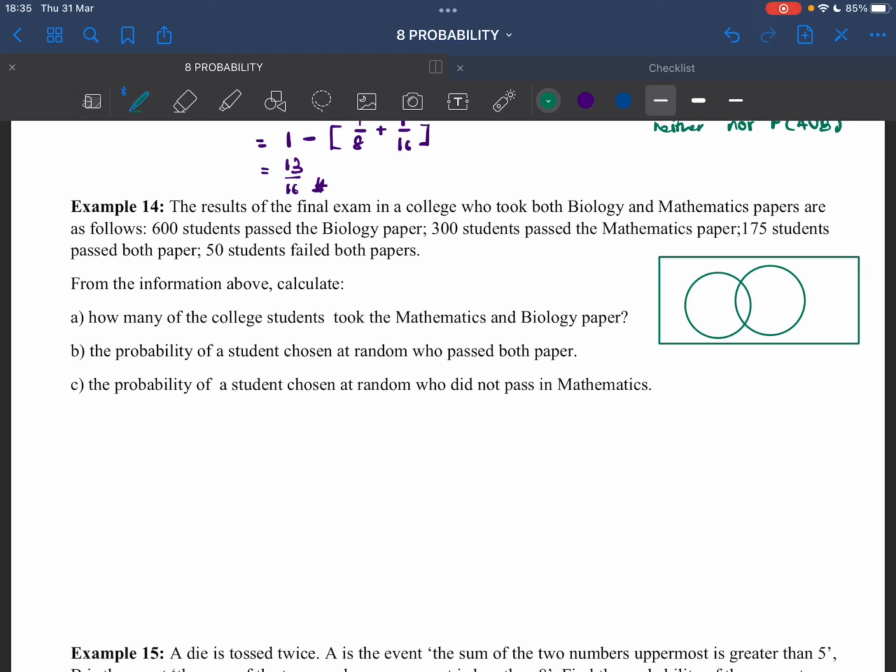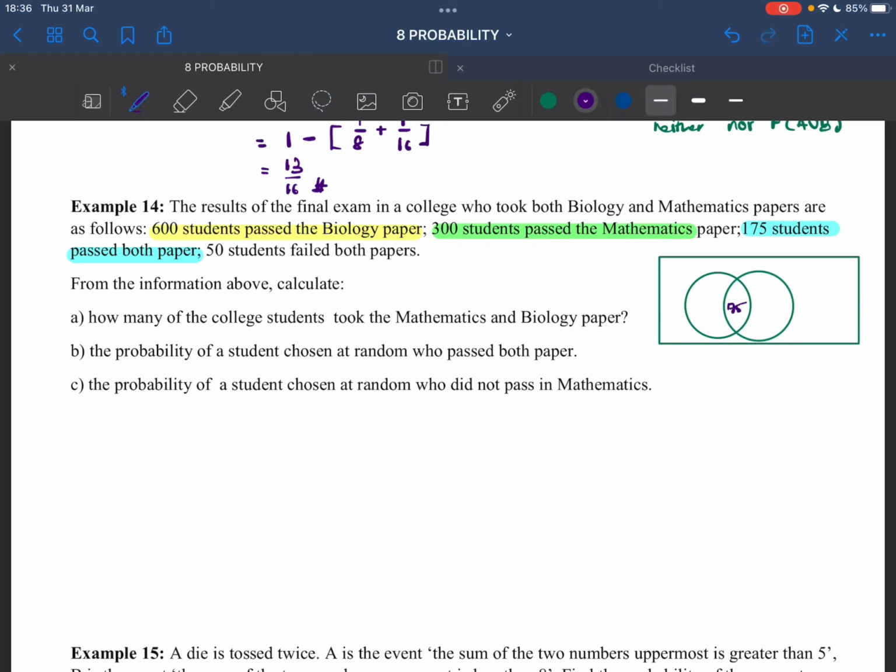So here we have 600 students pass biology, 300 students pass mathematics, and 175 students pass both papers. So that is what you are going to write first: 175 in the middle.